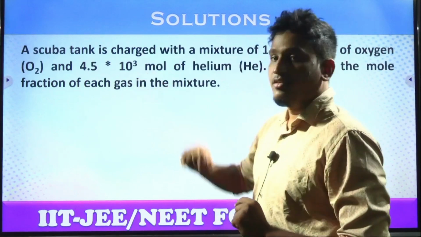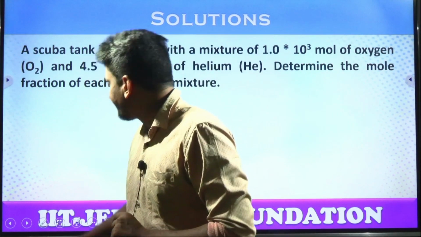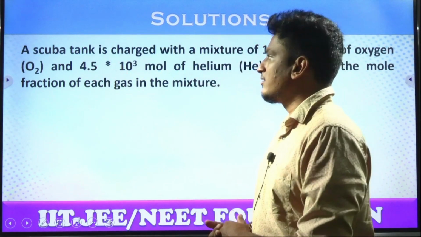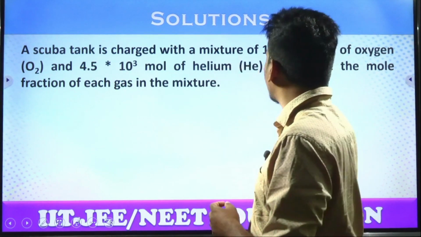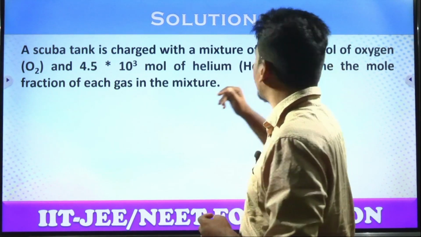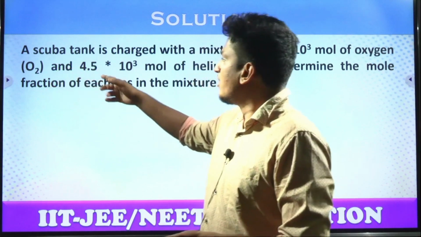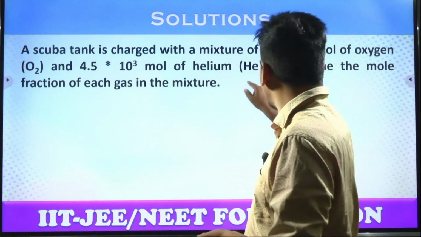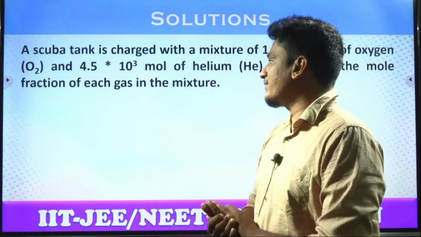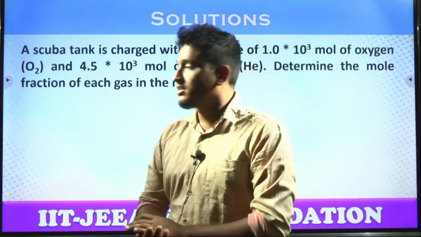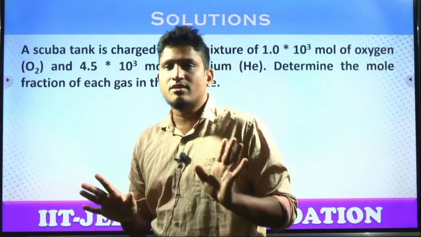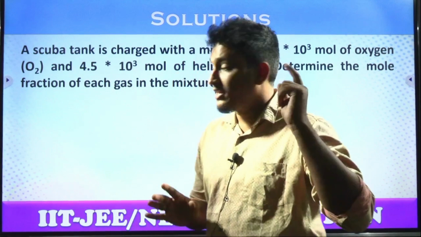Next, let us have one numerical here, students. A scuba tank is charged with a mixture of 1 × 10^3 mole of oxygen, which is O2, and 4.5 × 10^3 mole of helium. Determine the mole fraction of each gas in the mixture. Number of moles are given, weights are not given, so no need to find the number of moles. Then how to write the expression?